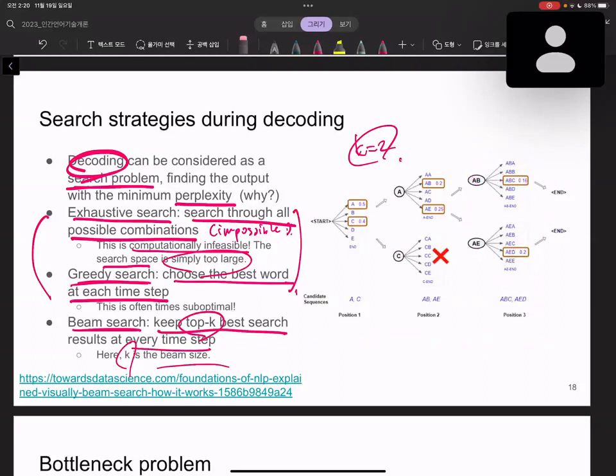If we use greedy search, then we only take A and AE, and then take AED. We cannot take ABC. So this is an example of greedy search and beam search.